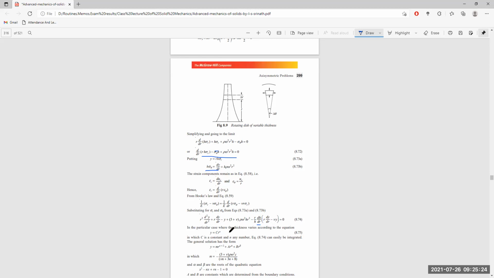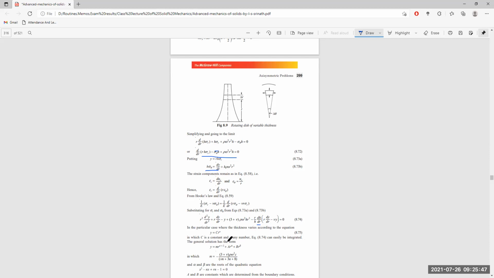So if we integrate this portion, this equation will take the form y is equal to c r to the power n, where this y is the function of r, meaning radius, and n is a constant, any number. C is the constant of integration. So this equation can be integrated in the general form.